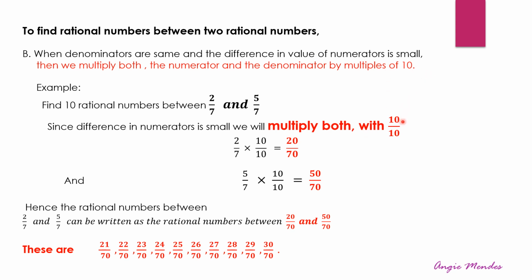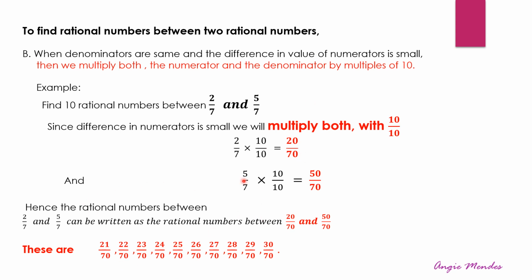So now we are multiplying 10 upon 10. The first rational number 2 upon 7 is multiplied by 10 upon 10. The numerator is multiplied, so we get 20. The denominator is multiplied by 10, so we get 70. The new rational number is 20 upon 70.